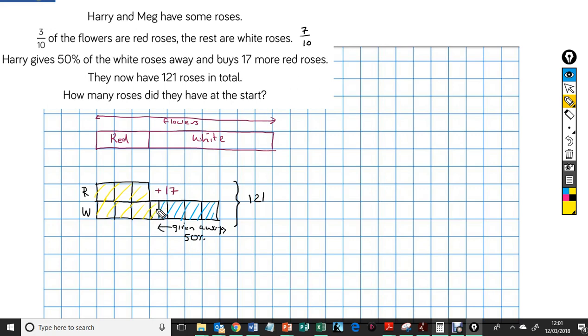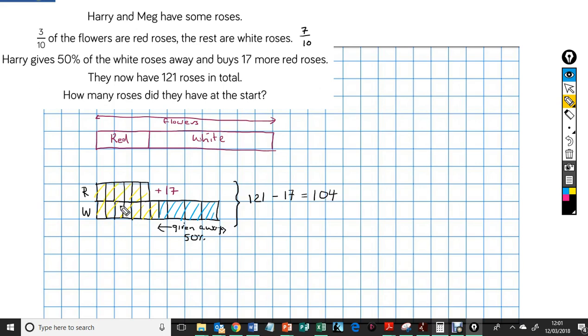And I do know that these are equal size pieces. This is half of this. So in fact, I'll make that clearer. I will divide everything else. So I was working in tenths, these are now 20ths. These are all equal size portions, and if I subtract 17 from 121, that gives me 104.